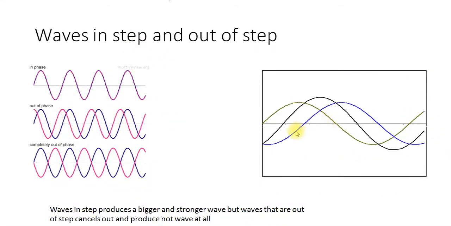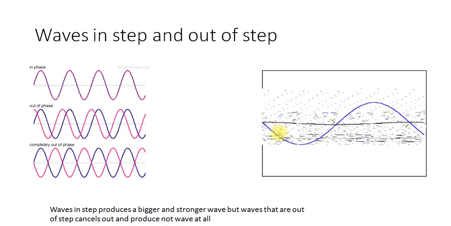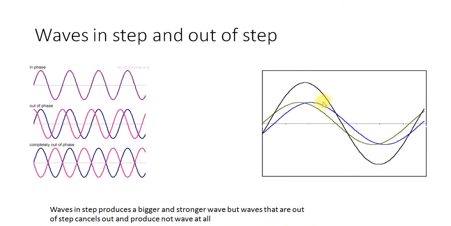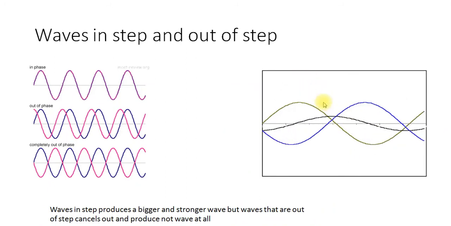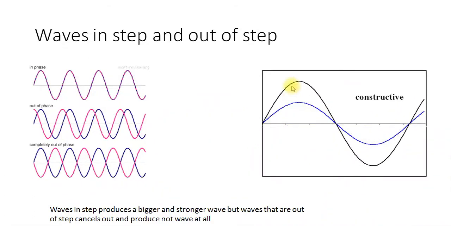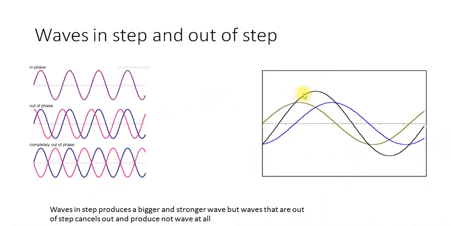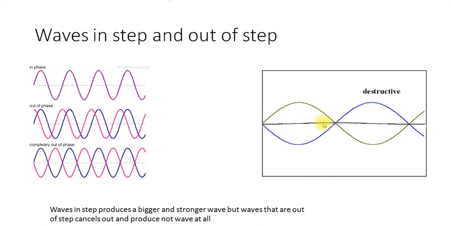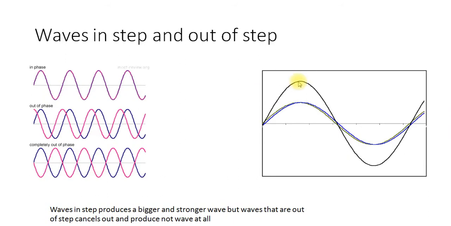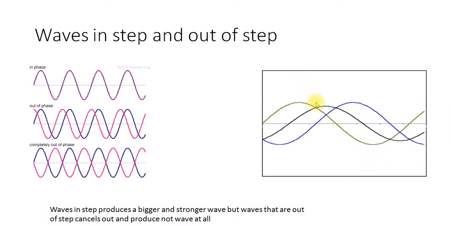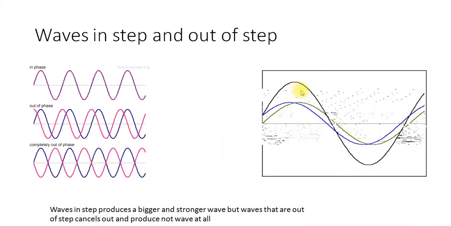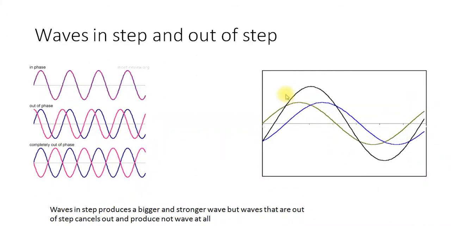If you look at this here, you'll notice that when they're in phase, we get a larger wave that's constructive. And when it's completely out of phase, we get no wave at all. If you observe the black one here, out of phase, no wave. In phase, much more wave. Not fully in phase, the wave may not be that much.